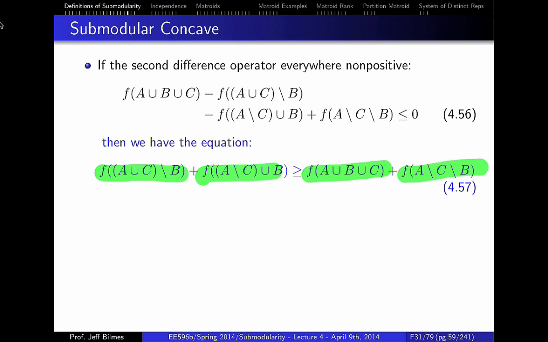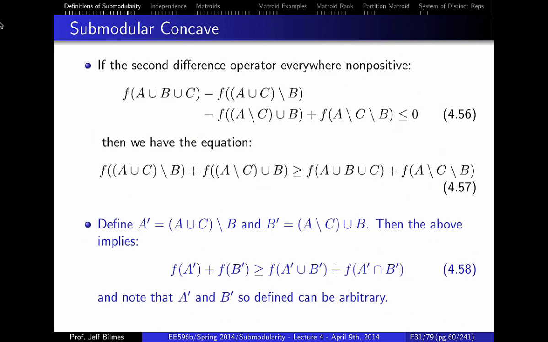Now, in order to show that this corresponds to submodular concave, we need to show that the union of these two is equal to that, and the intersection of these two is equal to that. So how do we do that?